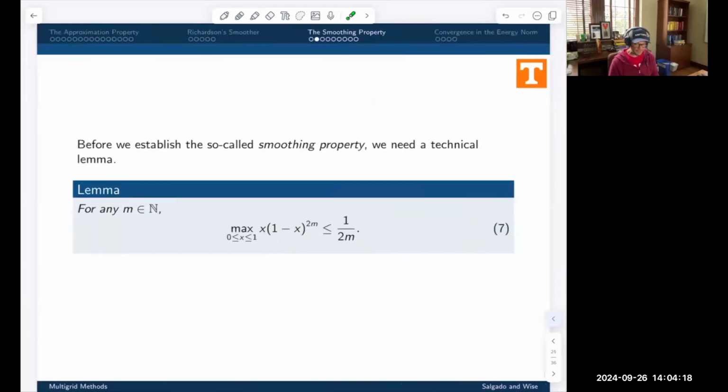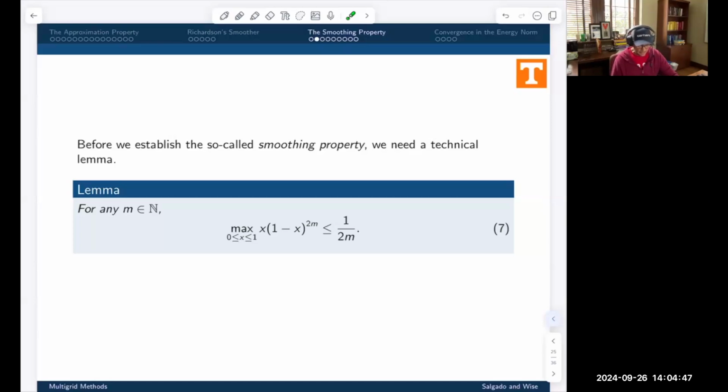Okay, so the next thing we want to prove is this so-called smoothing property in these energy norms or Sobolev type norms. Before we get there, and probably the last thing that we can do today, we have to establish a technical lemma. And this one is, as with most technical lemmas, not really instructive until you actually use it and figure out what the heck is going on.